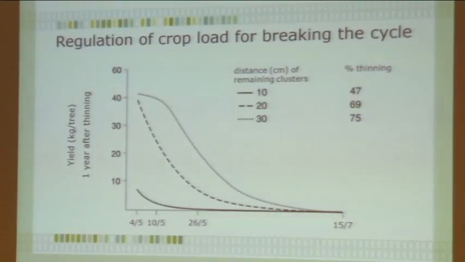Since crop load is important, here are some figures from our own work where we look at the yield in the subsequent year of flower and fruitlet thinning. There are two key messages coming out of this figure.